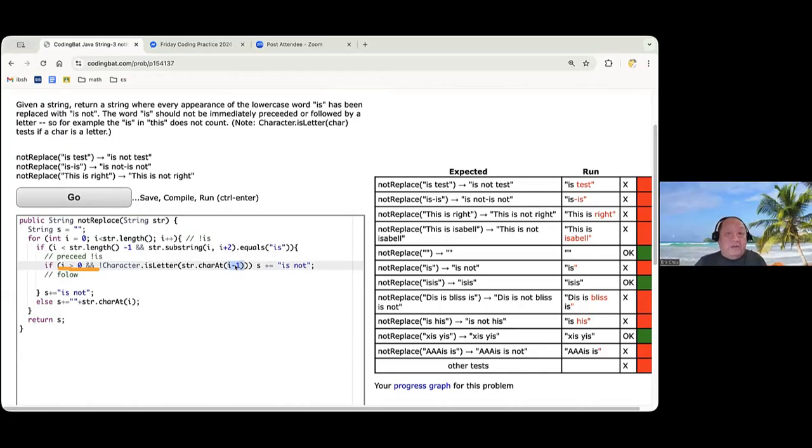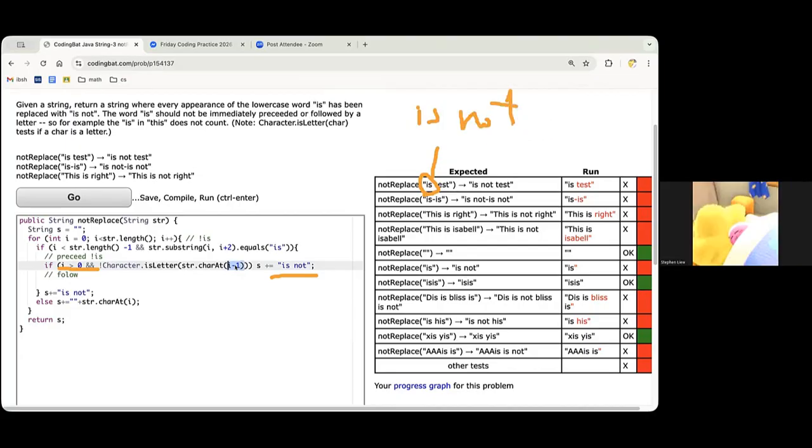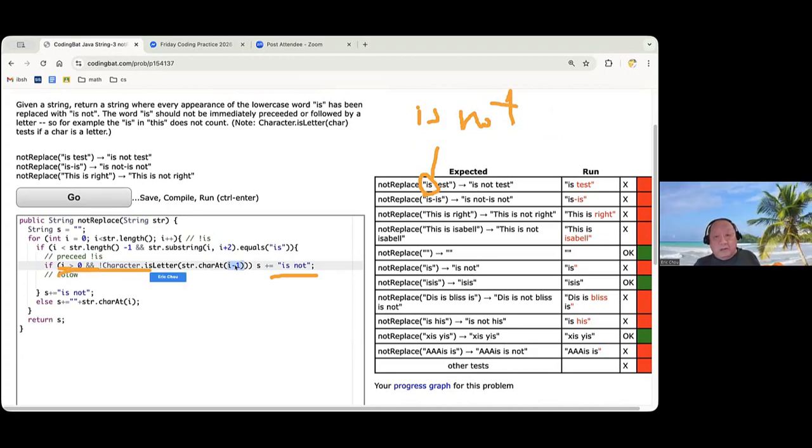It is in bounds, but you still need to replace this. Do you want to replace this one to is not or not? Yes, you do need to. So this logic is wrong.